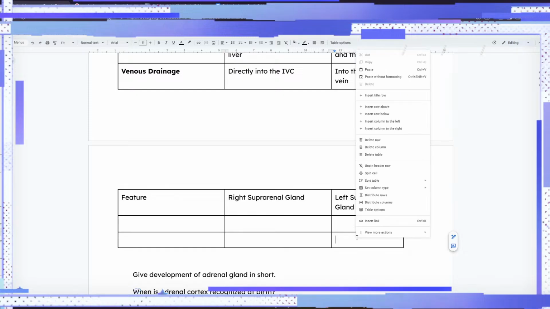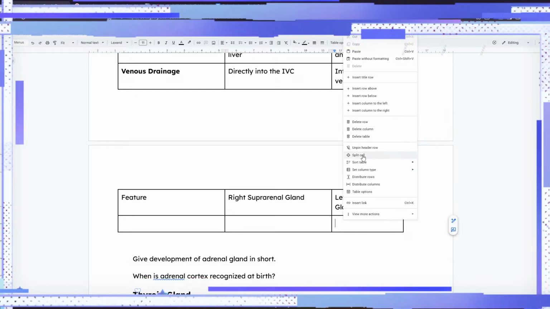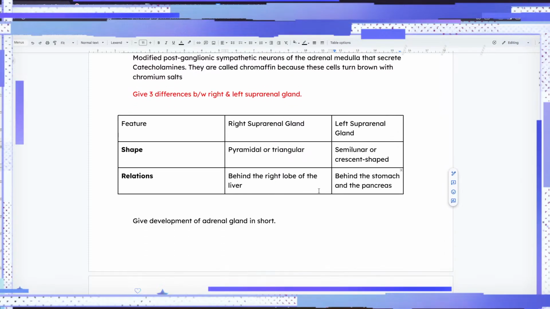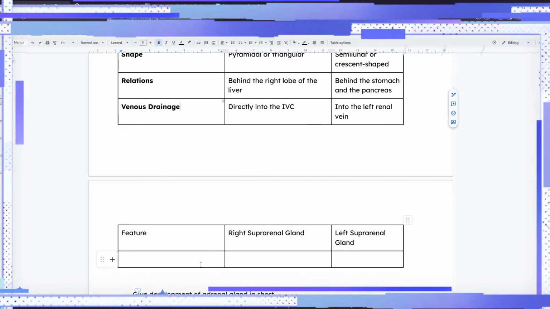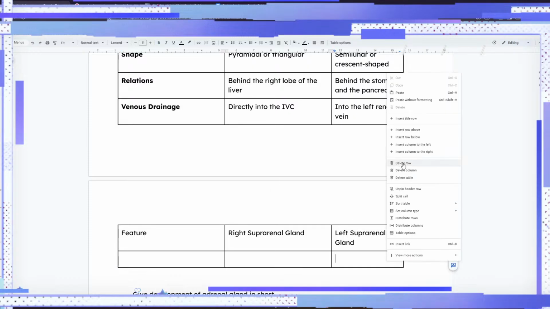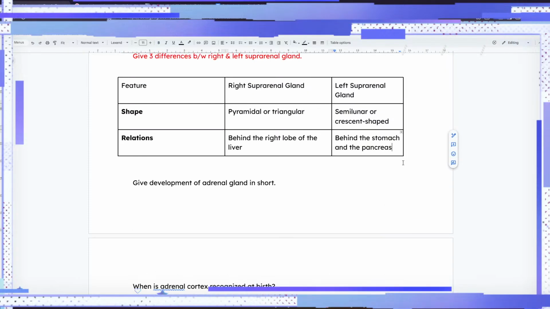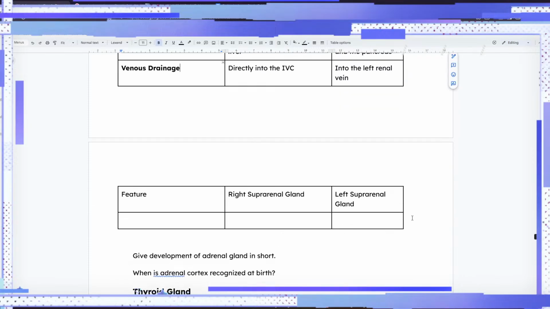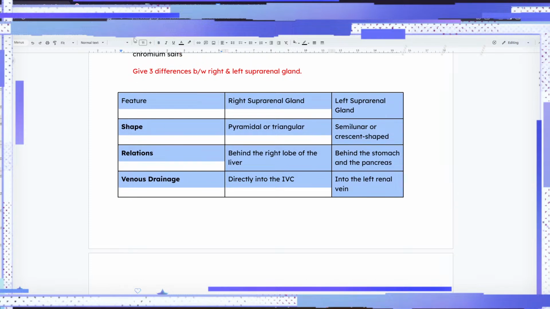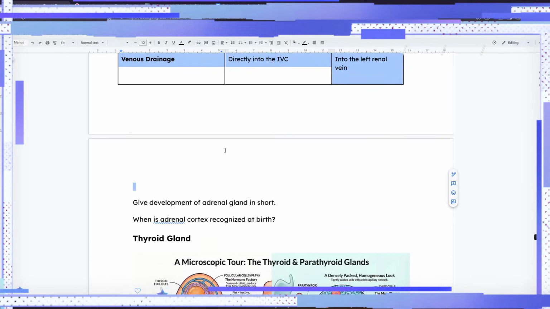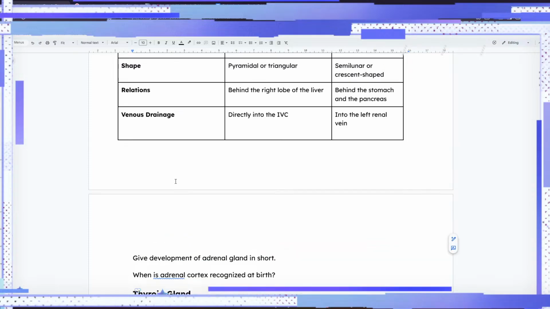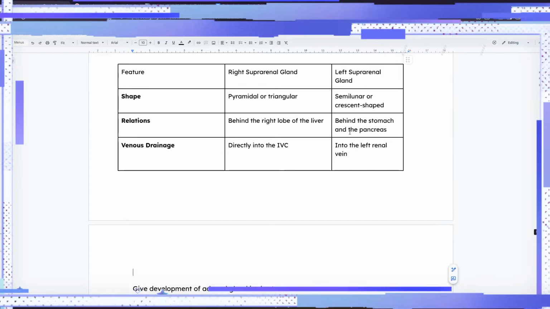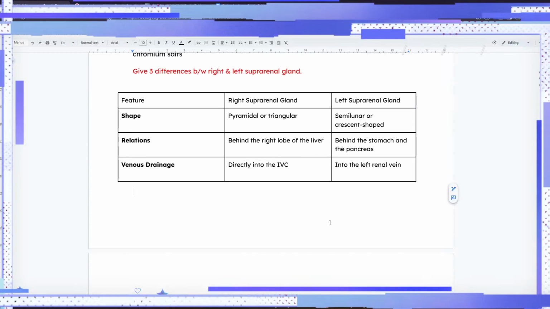What's up with this? Delete row, delete row. Perfect. Awesome. Why is it deleting that? Bloody hell. Oh, okay, fair enough. It's good now. Okay, perfect.